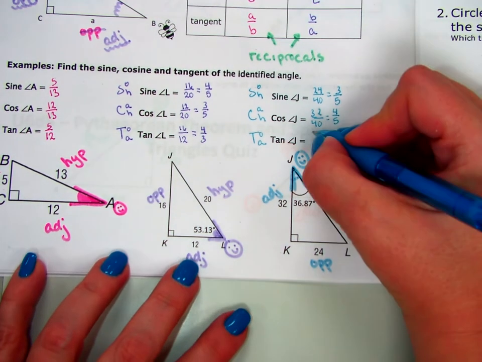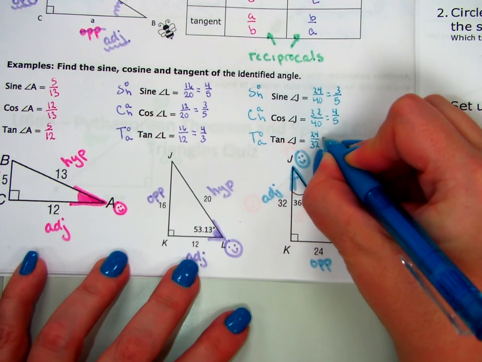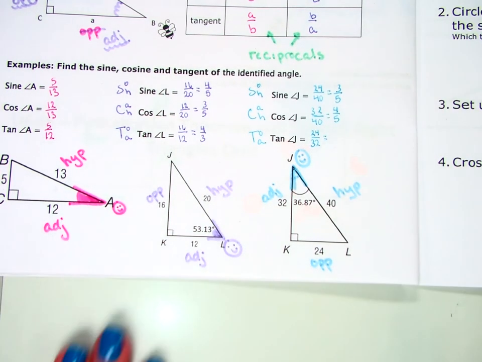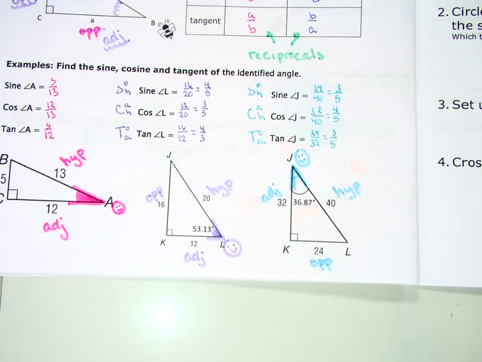And then my tangent of J, TOA, opposite over adjacent. What's the opposite? 24. And what's the adjacent? 32. 24 over 32 reduces to 3/4.